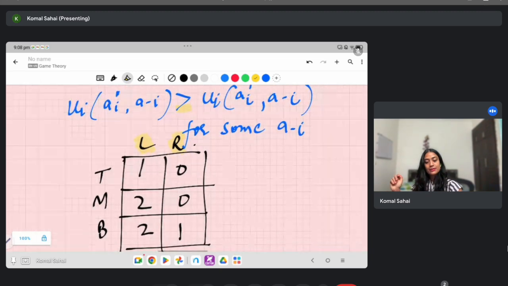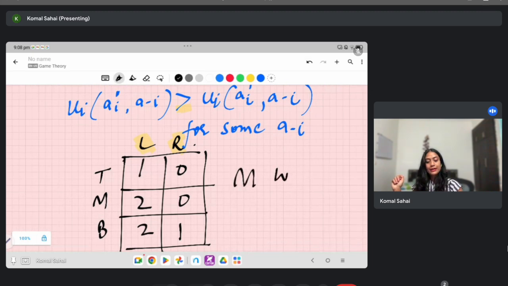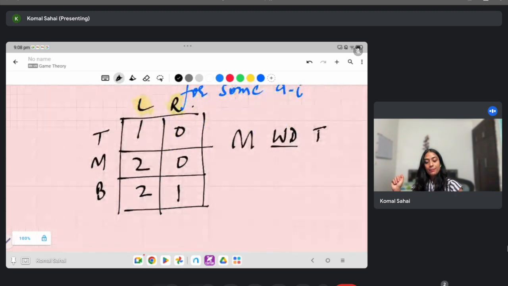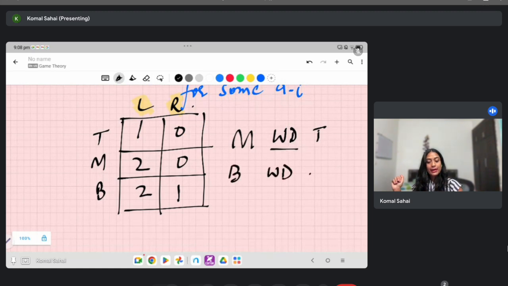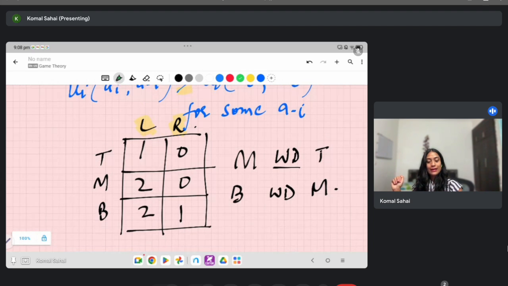So that means that M weakly dominates T and B weakly dominates M, ठीक है ना. ये देखो, when L is chosen, so this is with equality, right?